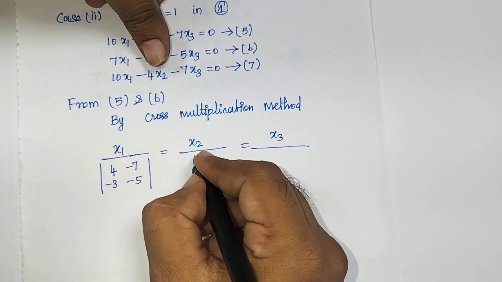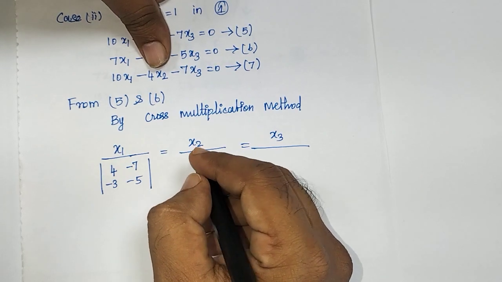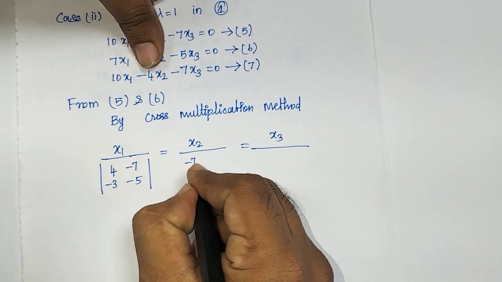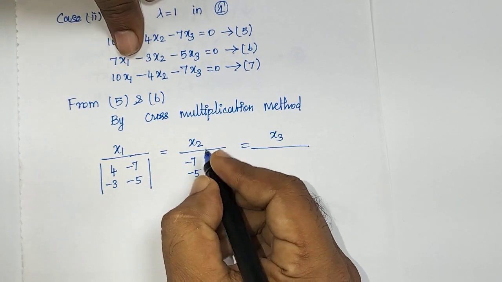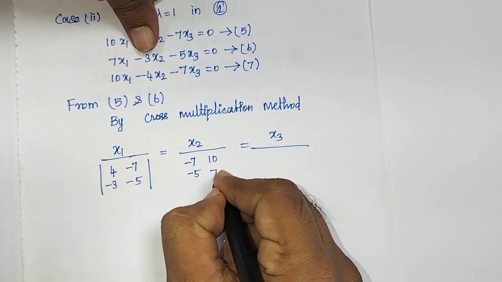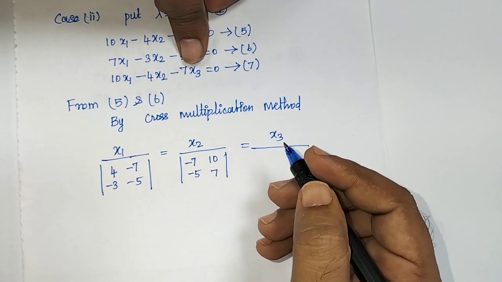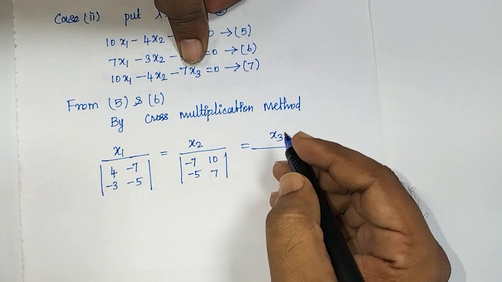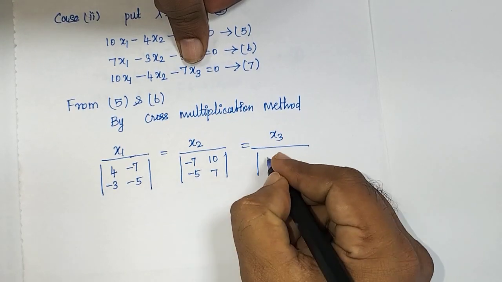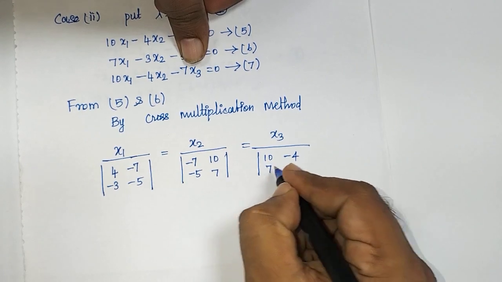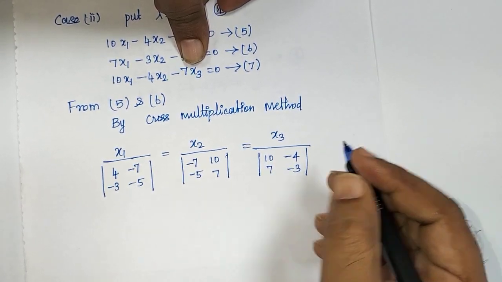Next you can find x2. For x2, you omit the x2 coefficient. First you write the x3 coefficient, that is minus 7, minus 5. After that the x1 coefficient 10, 7 in determinant form. Next you omit the x3 coefficient and write the x1, x2 coefficients in determinant form: 10, minus 4, 7, minus 3.